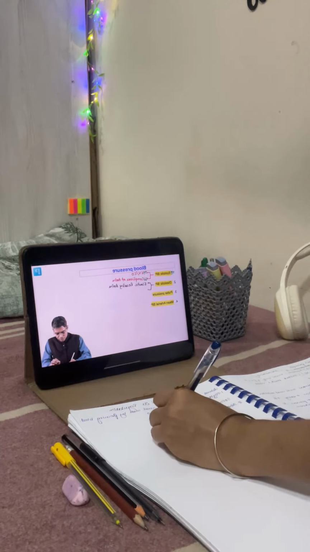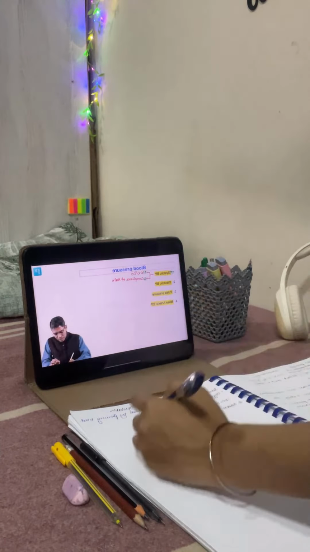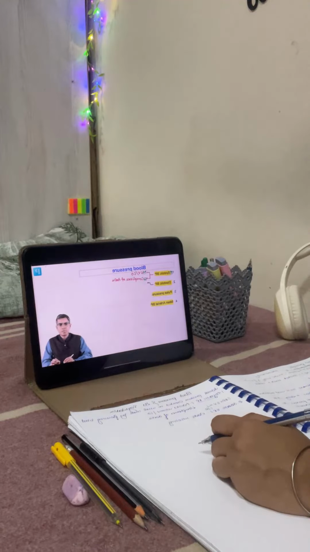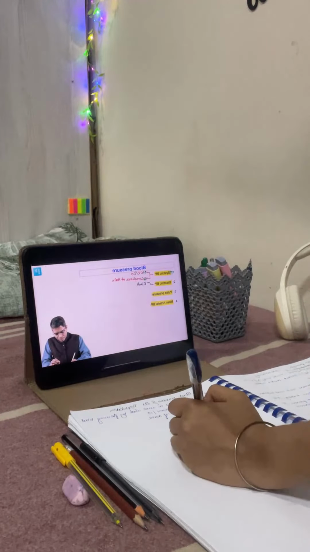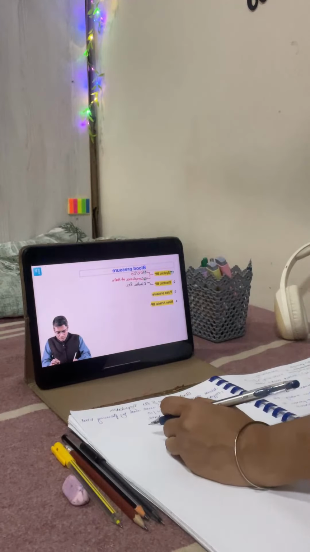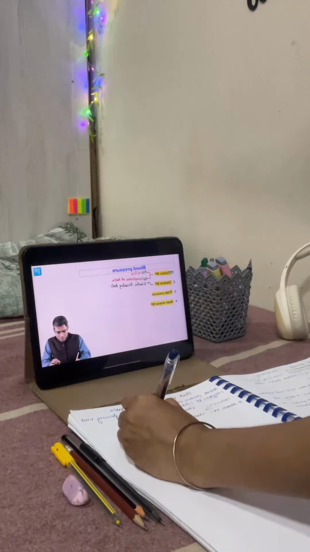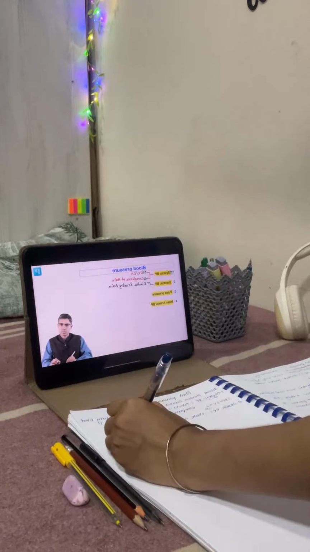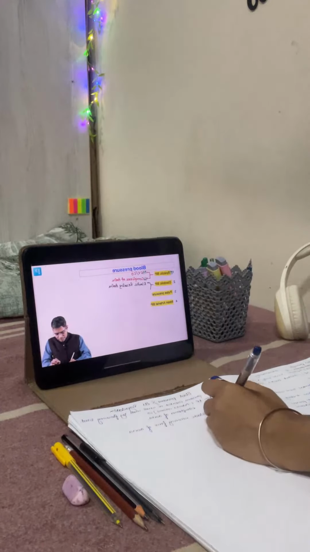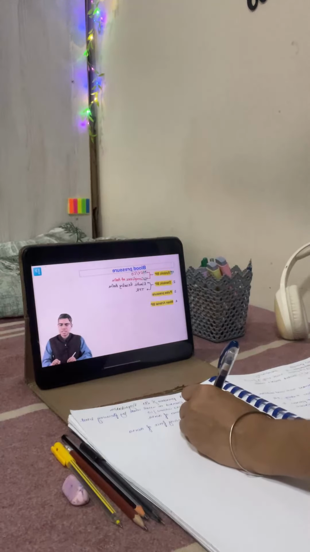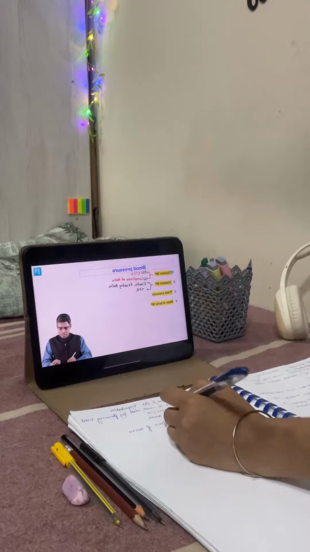And the second determinant, all of you know, this is nothing but TPR, total peripheral resistance or systemic vascular resistance.